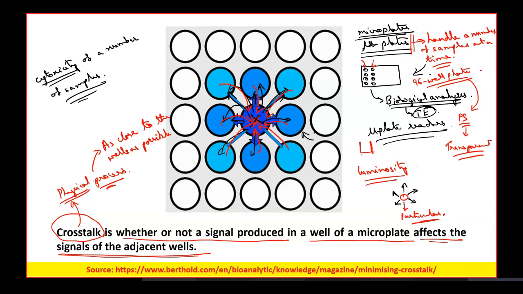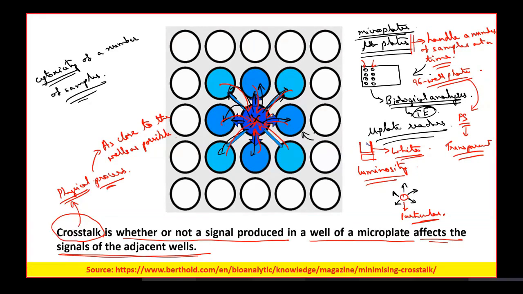So you can place the detector over here. And then the walls of these wells are coated white, so they are made opaque, and at the same time they are reflective in nature.